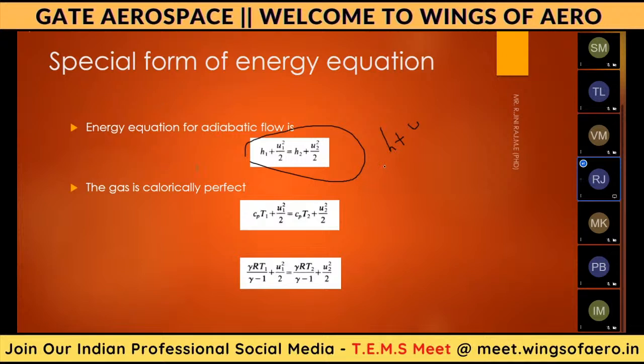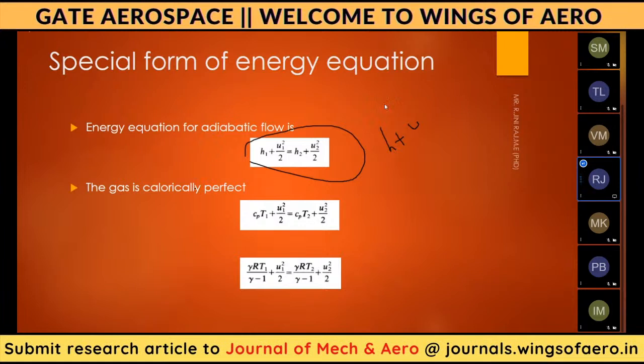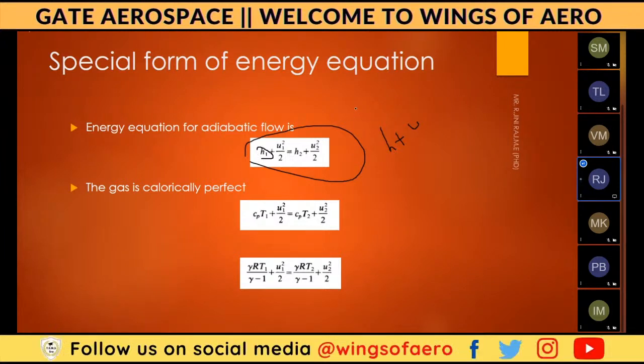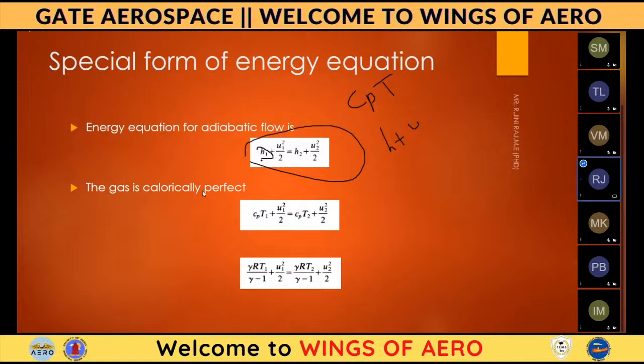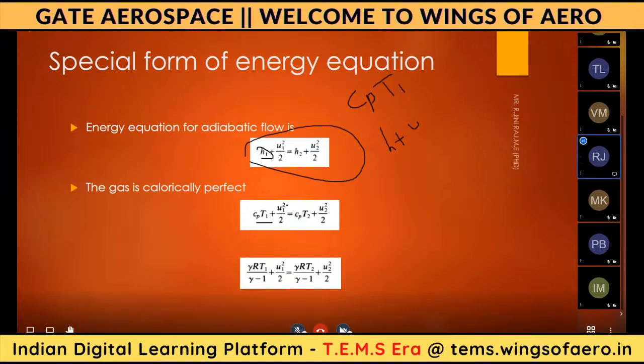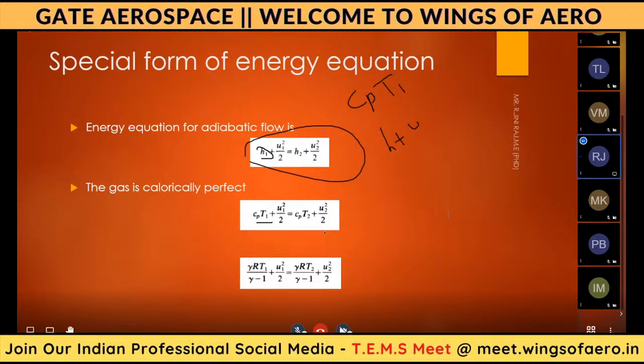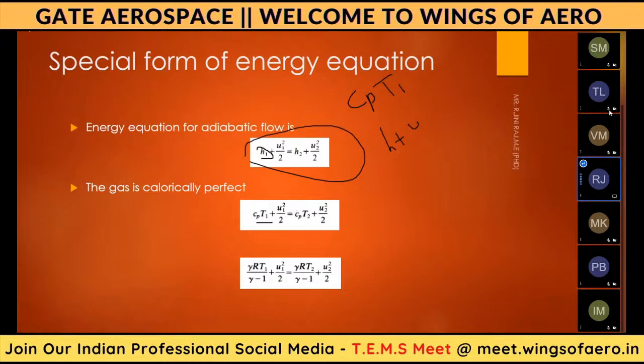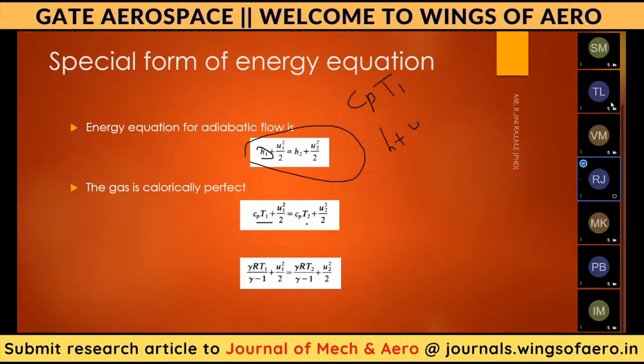For a calorically perfect gas, we know h equals Cp into T. Substituting that, Cp T1 plus u1 squared by 2 equals Cp T2 plus u2 squared divided by 2.